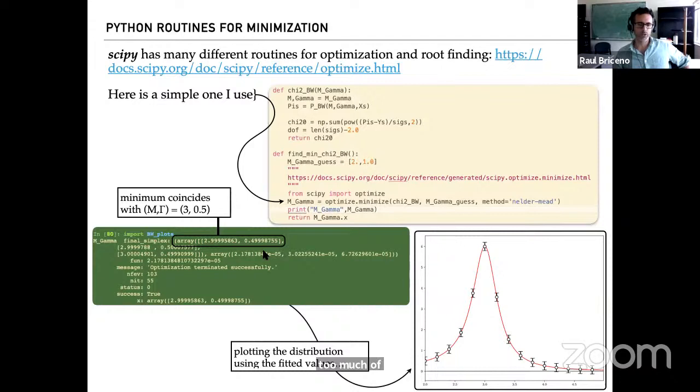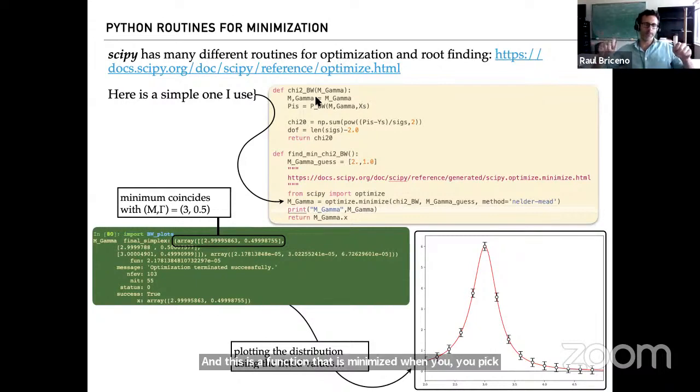Then we introduced the notion of fitting, which is universally useful, not just for physics but for just about anything in science. If you're going to analyze any data, a lot of times you're imposing some functional form onto your data. The mechanism you use for that is routines that fall under the name of fitting. That required us to define a function called a chi-squared, which is a goodness of fit. This function is minimized when you pick the ideal parameters of your theory that best match the behavior of your data.